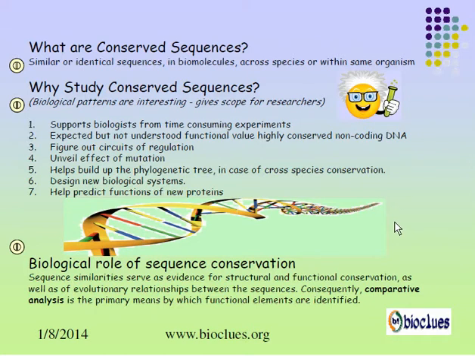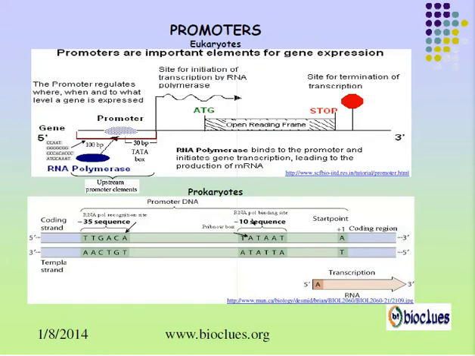So, moving ahead, promoters are those regions of DNA that initiate transcription of a particular gene, located towards the 3' end of the antisense strand upstream, called the template strand or the non-coding strand.